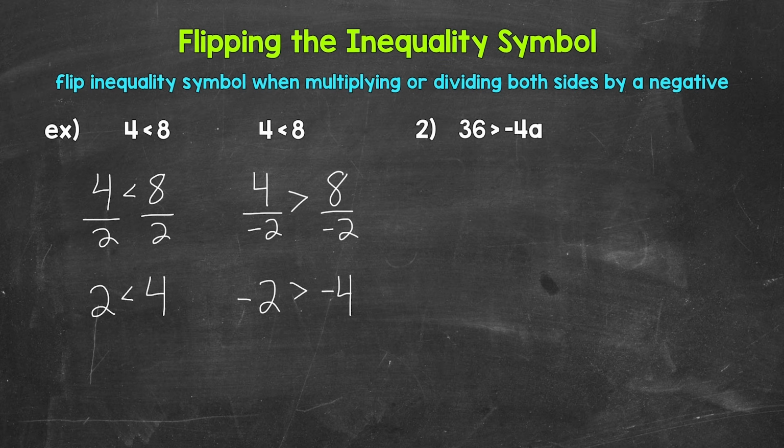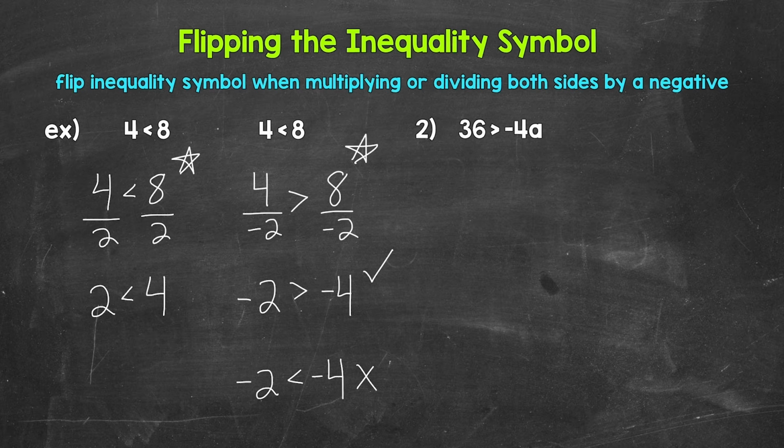Now what if we did not flip that sign? Well, we would get negative 2 is less than negative 4. Is that true? No. So notice the difference between dividing by a positive 2 and a negative 2.